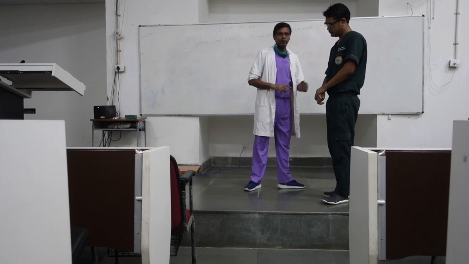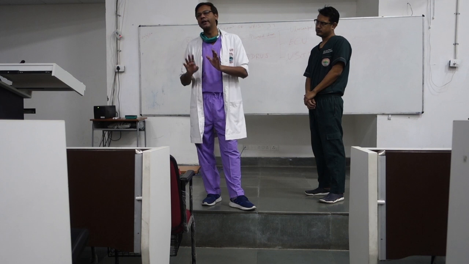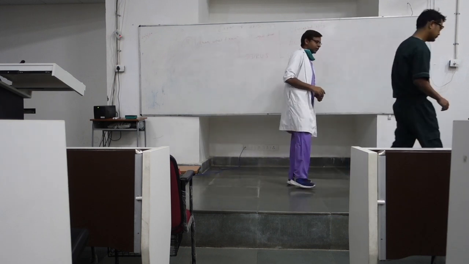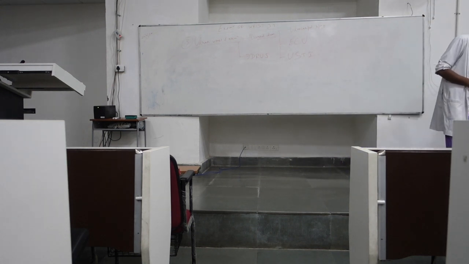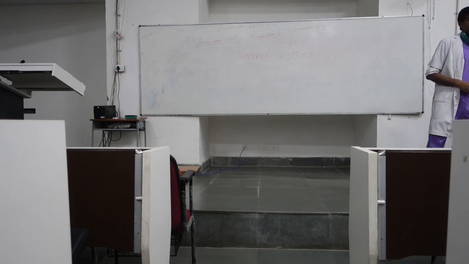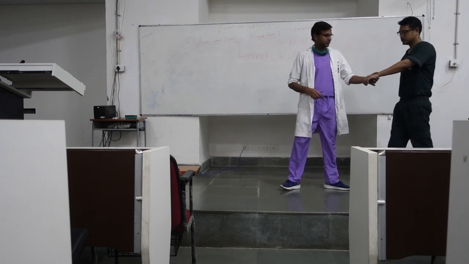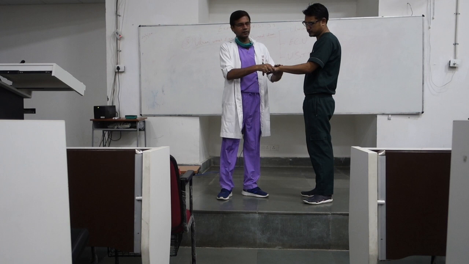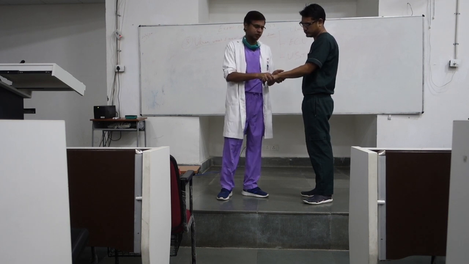Now another provocative maneuver to look for instability of DRUJ is the piano key test, or ballottement test. So what you do: elbow at 90 degrees, wrist in full extension or neutral position, forearm in pronated position.